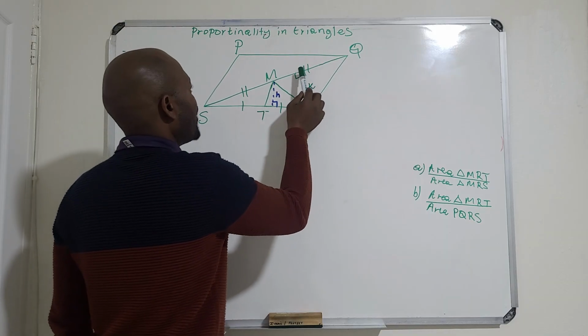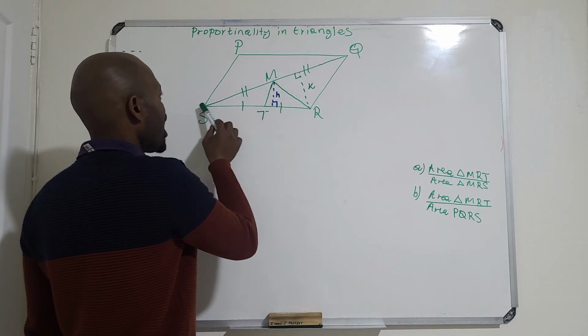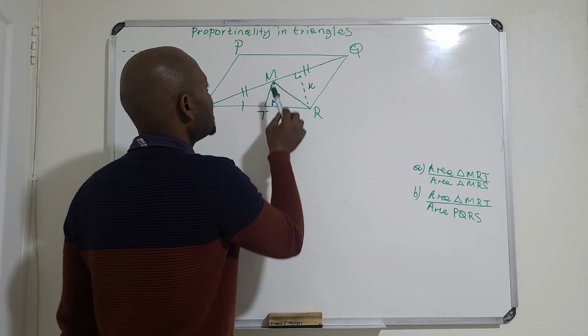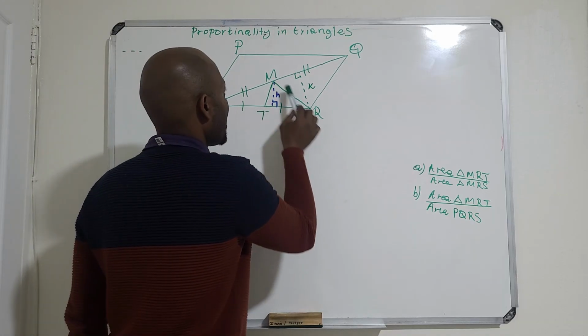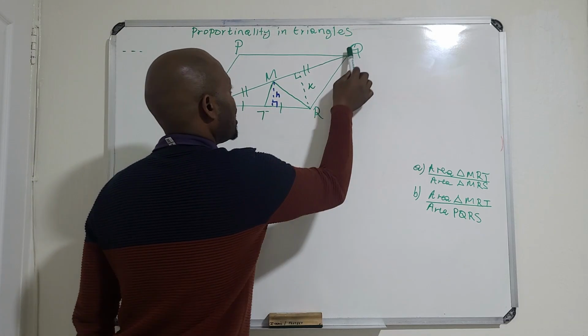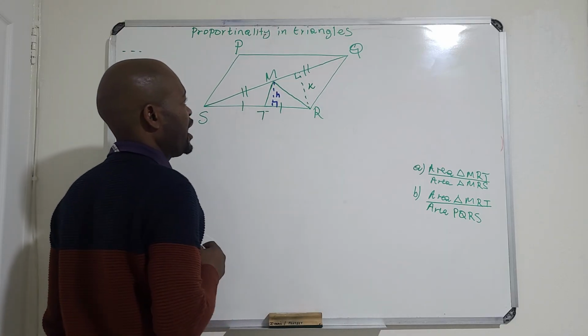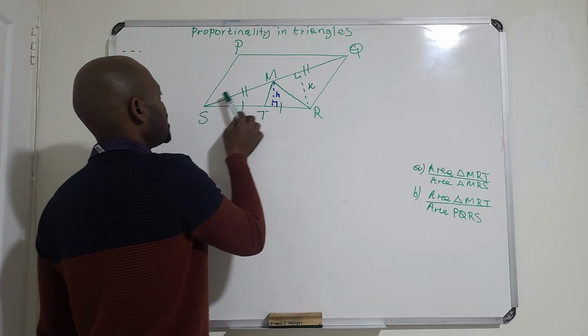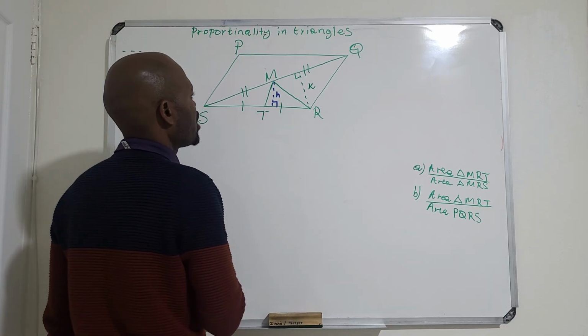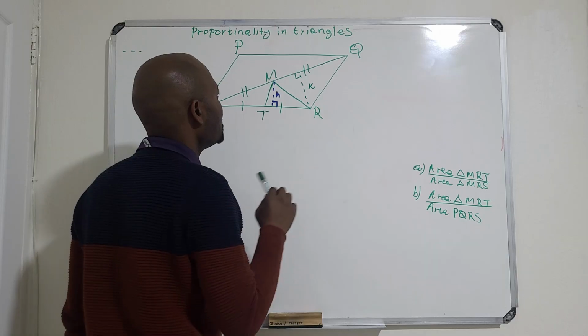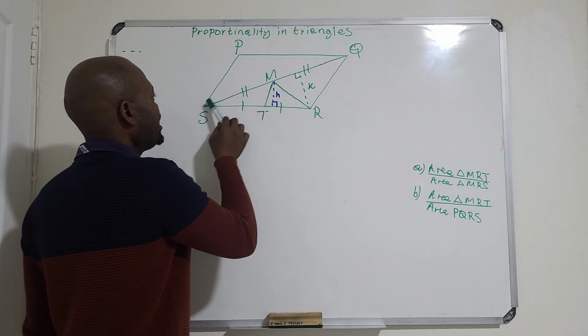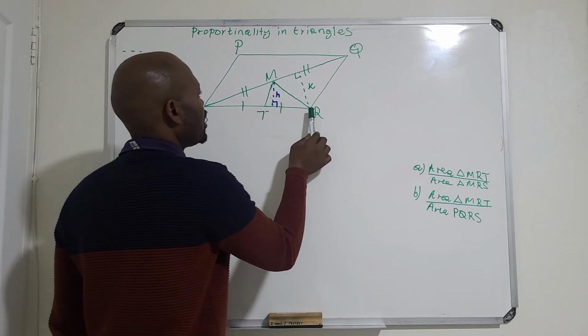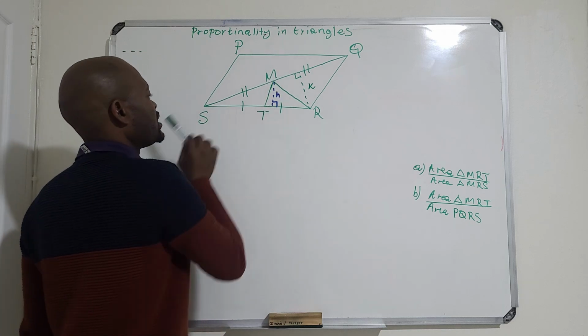Since I'm comparing this triangle and this triangle, I'm using my height as K. Since I've constructed the height outside, since this is an obtuse angle triangle, I know that my base for this triangle here is going to be MS.